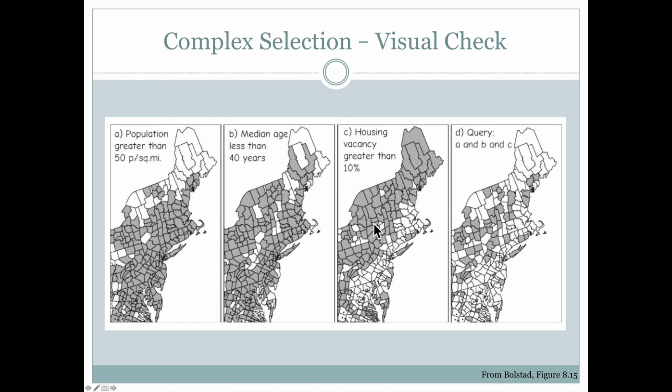But if we're looking for the ones where all of those are true, it would be only the polygons that appear gray here, and here, and here, and that's what the AND statement gets us. All 3 of those have to be true in order for that polygon to get a gray color in this final map. So it's not unusual with AND statements for fewer polygons to be selected than in any of the maps that contribute to that selection, and in fact that's typically the case.